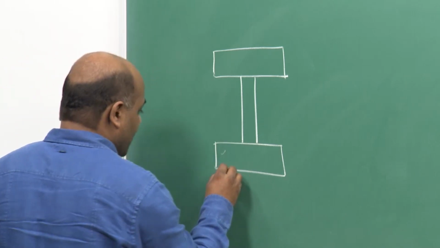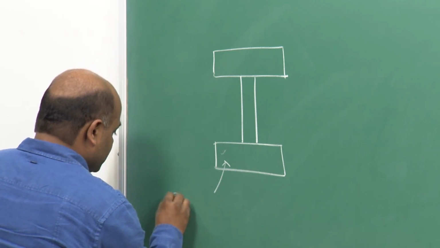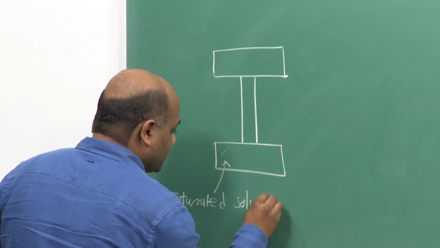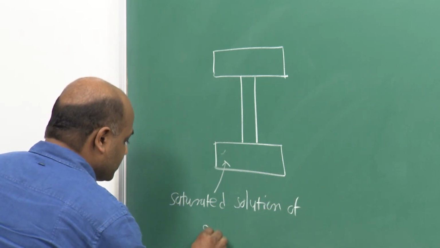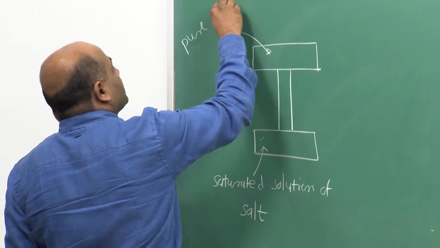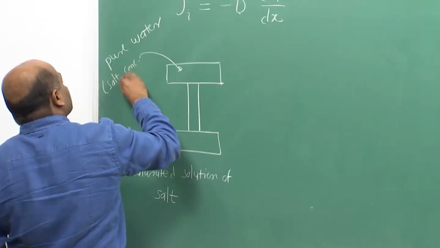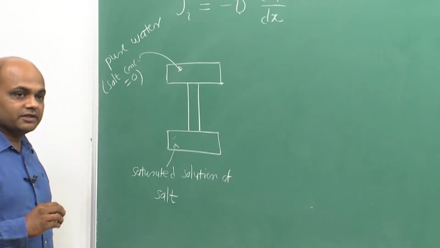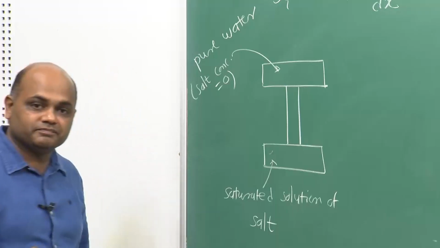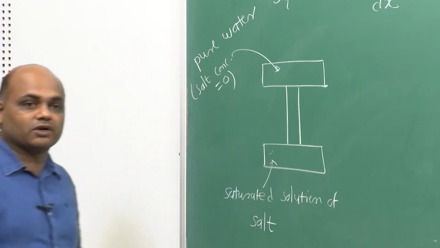On one side there was a saturated solution of salt, the other side was pure water. So, basically the salt concentration was approximately 0 in this case, and so the salt diffused from bottom to the top. This acted as a reservoir of salt, this acted as a sink of salt.